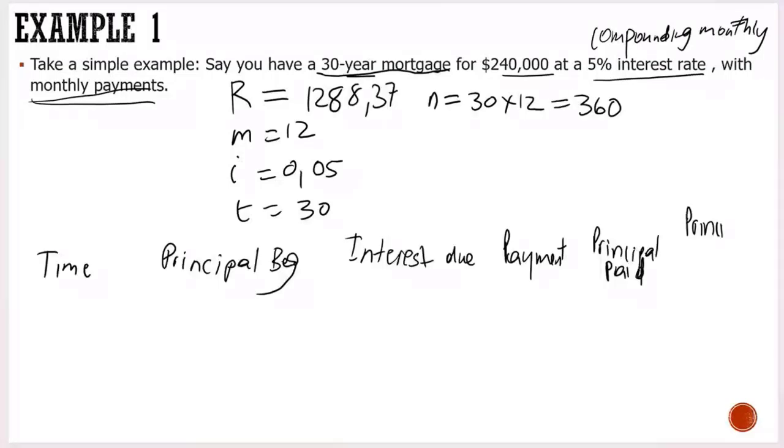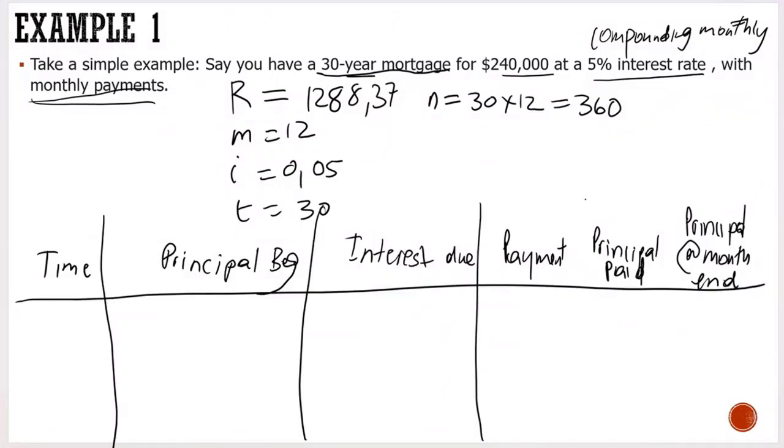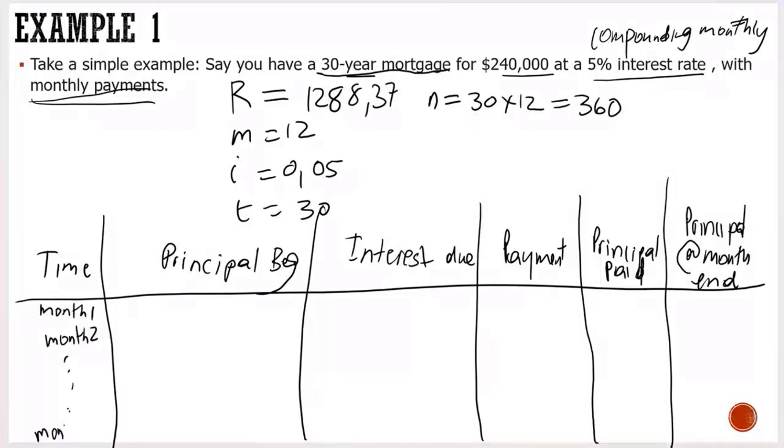This is your schedule, so you just draw this. The first month, I'm going to have month 1, and then month 2. This is going to run until month 360. Your principal at the beginning is 240,000.